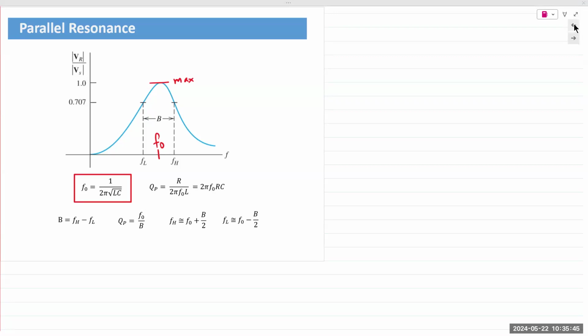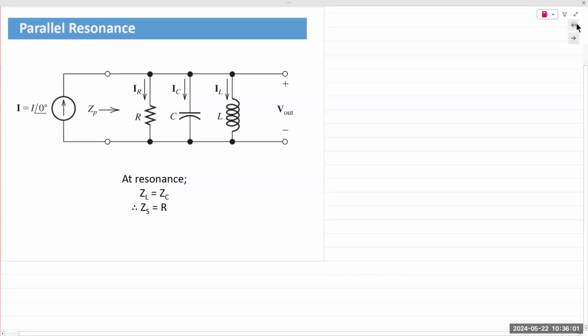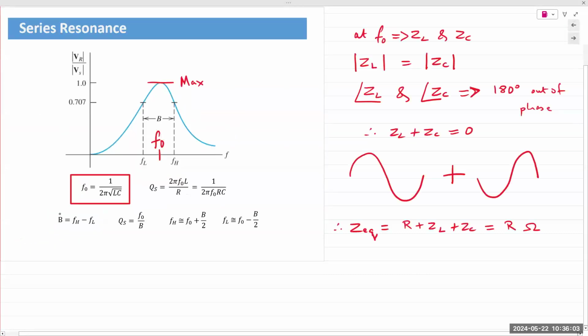There is a term we use to describe the difference between the two frequencies, and that is known as the bandwidth, noted by the letter B. And that is exactly the same for both series and parallel circuits. It's simply the difference between the two break frequencies.